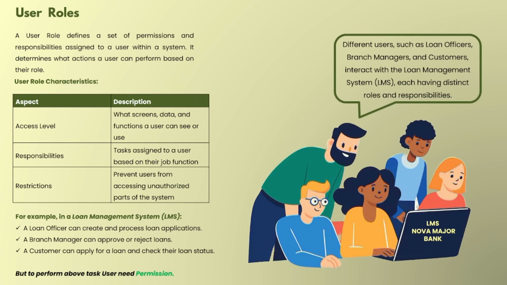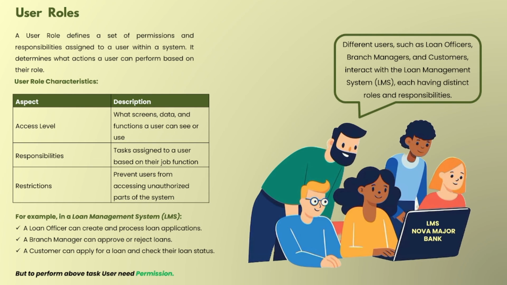Then restriction, which is also very important: prevent users from accessing unauthorized parts of the system. We can also tell a user, you don't have the permission to go there. This is what we call a restriction.